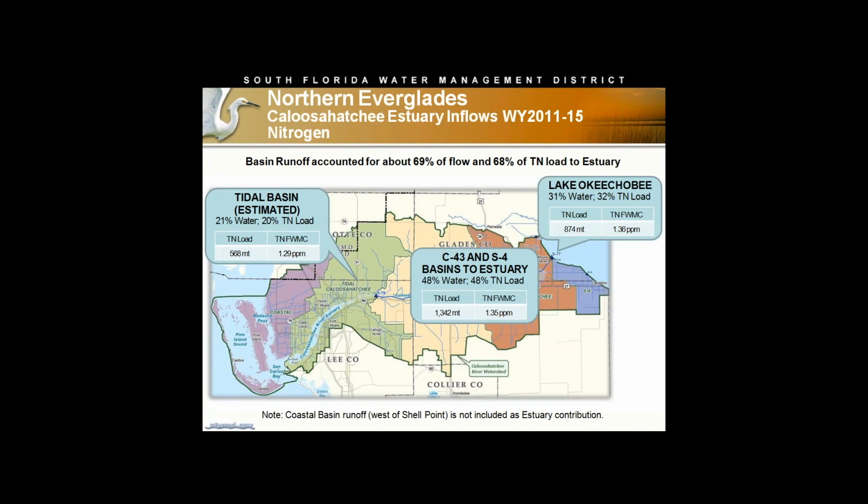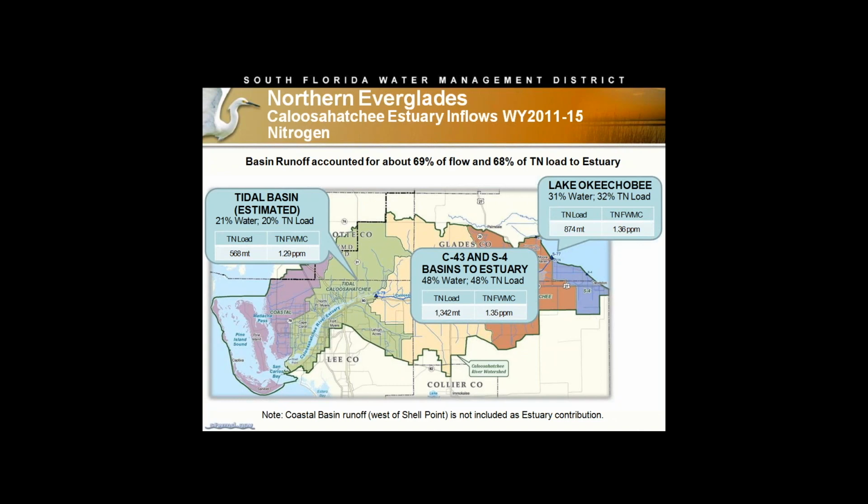So this graph right here shows where the water is coming from, where the nitrogen loading is coming from. Over the last 5 years, approximately a third of the water comes from Lake Okeechobee, and about a third of the nitrogen comes from Lake Okeechobee. 69% of the runoff over the last 5 years has come from our watershed, and it contains 68% of the nitrogen loading.